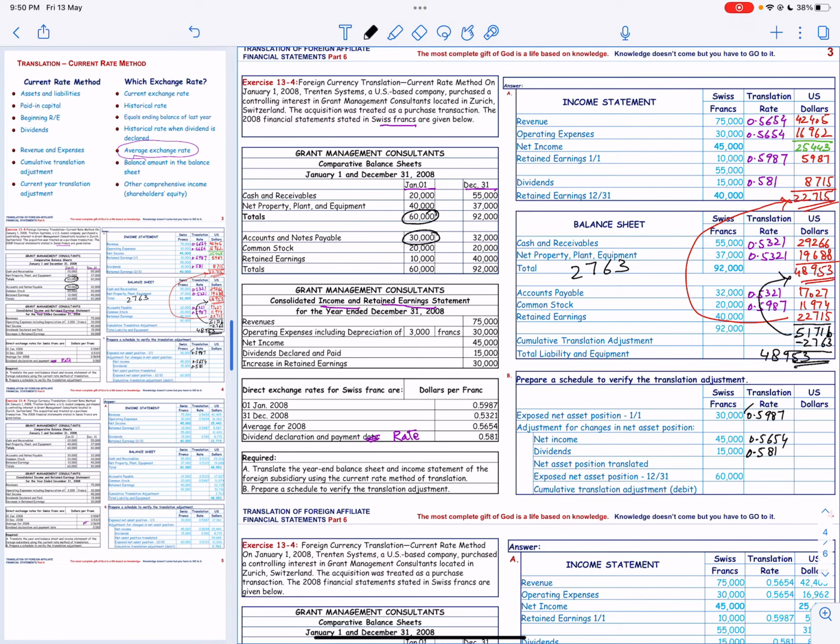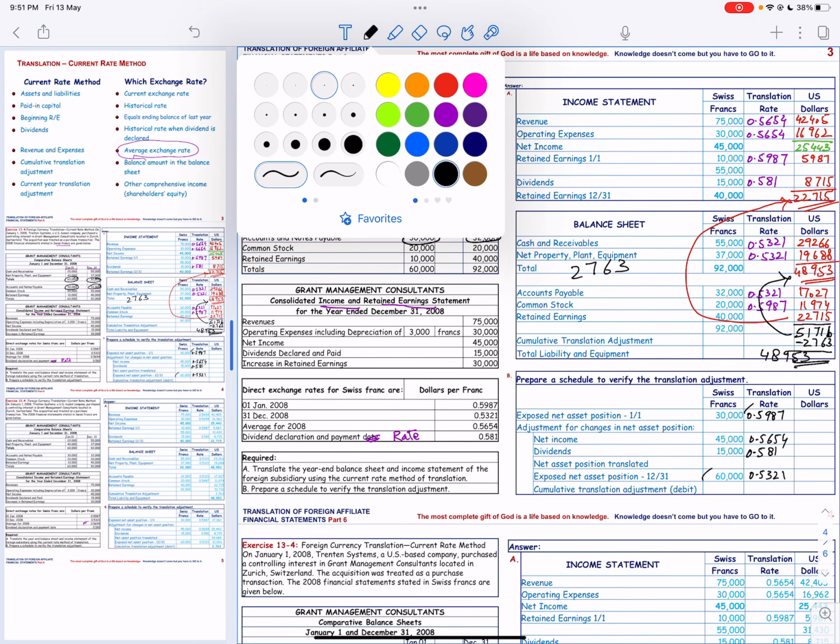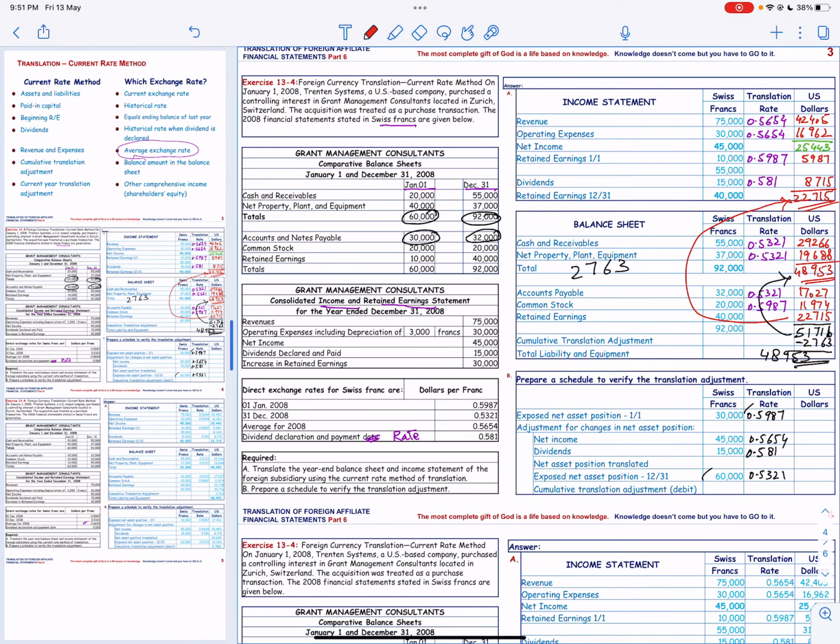The exposed net assets position on 31st December is 92,000 minus 32, that gives us 60,000, and we are going to use the current exchange rate because that is on 31st December, that is 0.5321, and we are going to calculate the values. So the exposed net assets are $17,961.